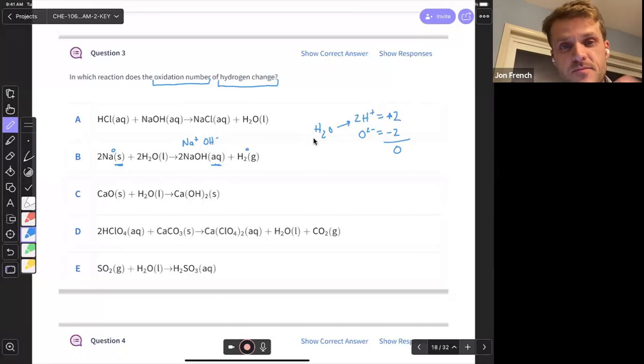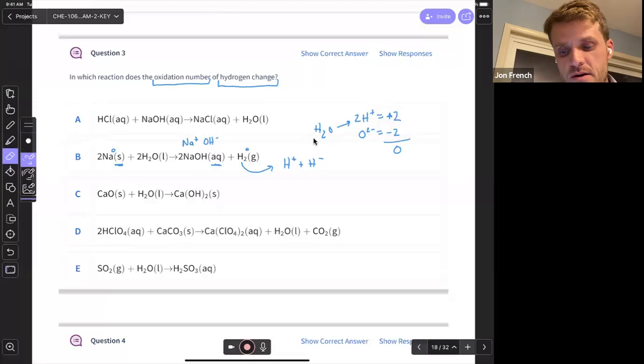So hydrogen, just H2, is neutral. Here, if I've got 2 hydrogens in H2, I can't say one hydrogen is +1 and one hydrogen is -1, because they're the same element. It doesn't make any sense to assign one +1 and one -1. So that makes the whole thing 0. We're just going to say it's 0.